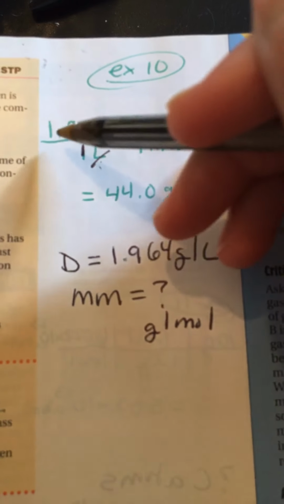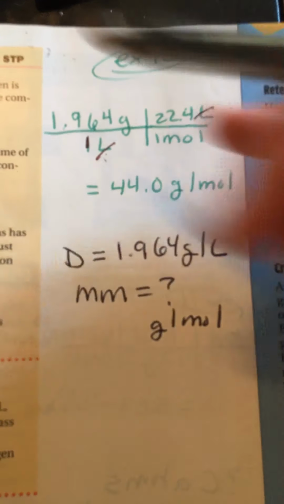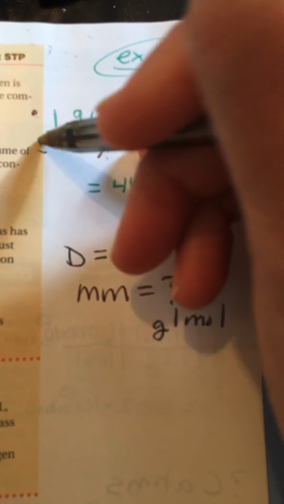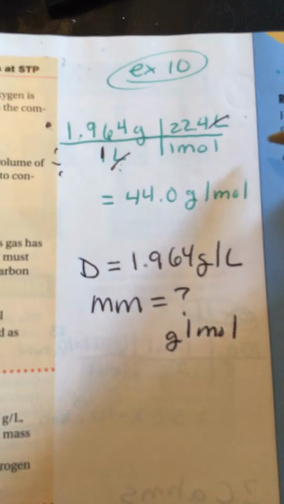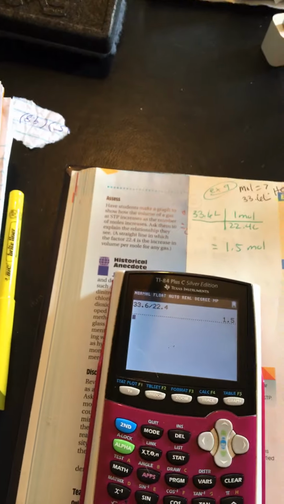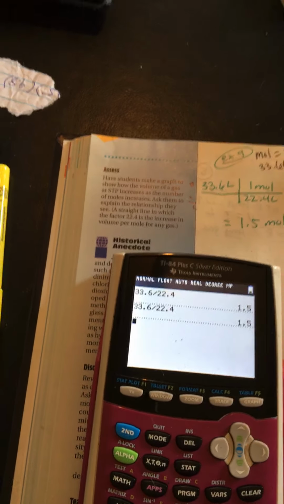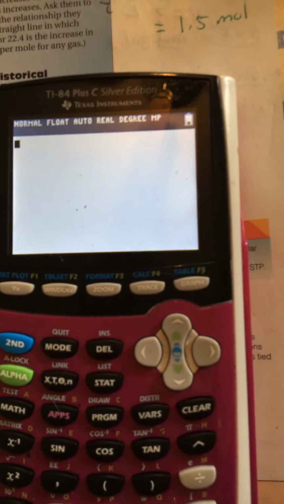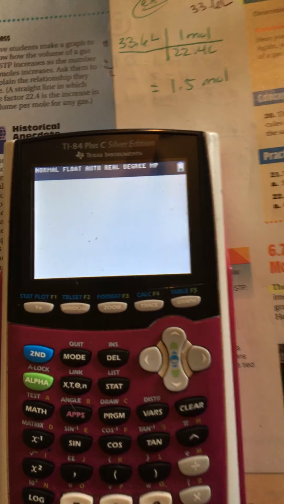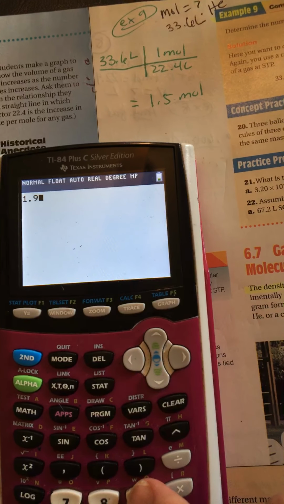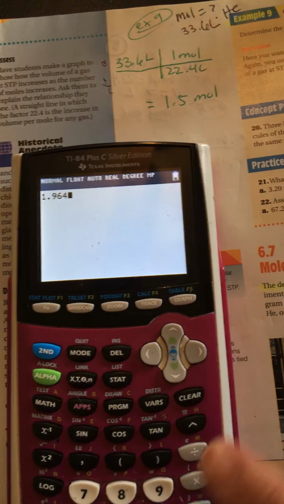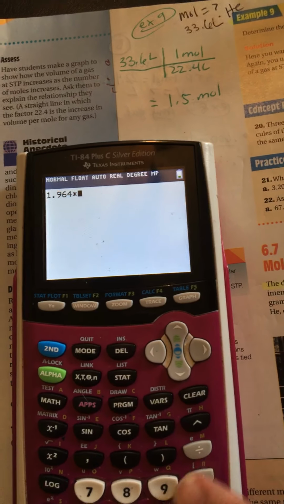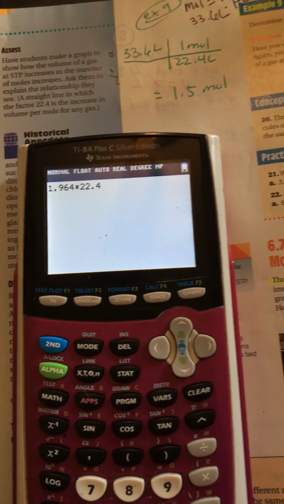So we do 1.964 times, because any number on top is times, any number on bottom is divided. We multiply it times 22.4. So let's do it. We'll clear out what's in there. Okay, so we've got 1.964 times 22.4.